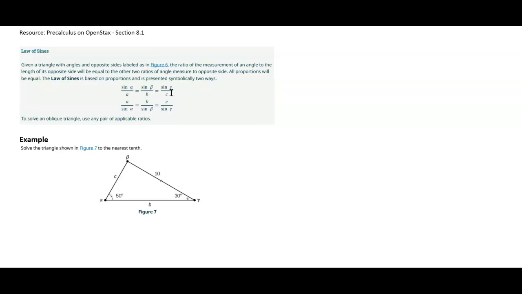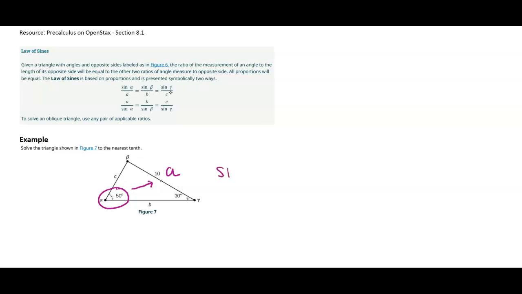The law of sines says that the sine of the angle over the side opposite of it must be proportional to any other of the same type of outcome.